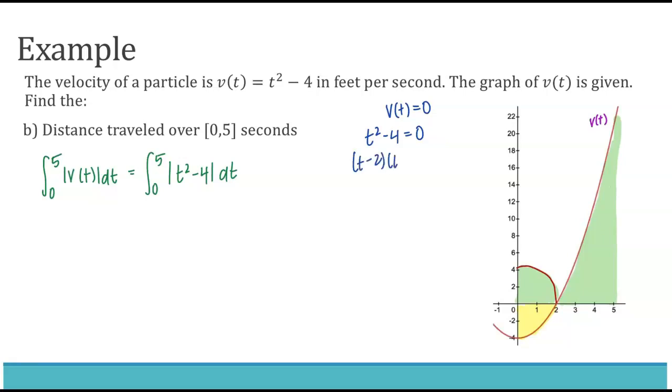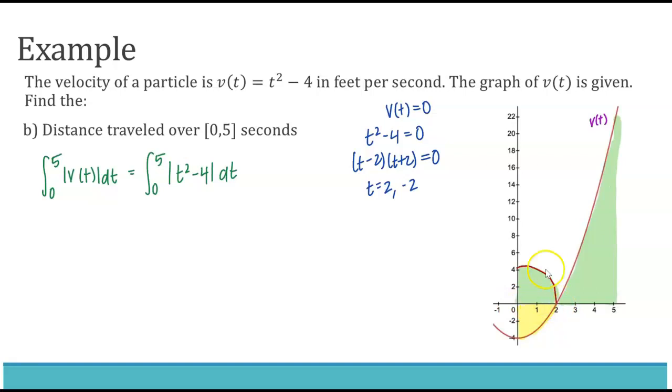Well, if I factor that, I get t minus 2, t plus 2. So I get positive 2 and negative 2. I'm only concerned with positive values for time, and so that's why I'm just going to use 2. So if I didn't have the graph, I would have to do this additional step for finding where the object is at rest to know where I break up my integrals, because I'm going to need two integrals.